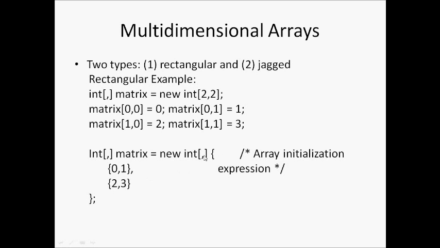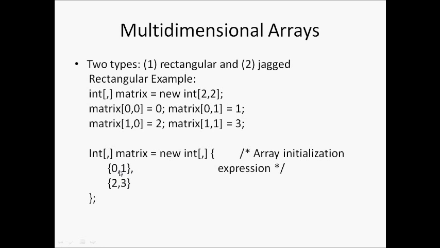So in this case we have this grouping. We got the first group and the second group. What we have here is, for this first row we have two elements, 0 and 1, and for the second one we have 2 and 3. And this is how you initialize a multi-dimensional array.